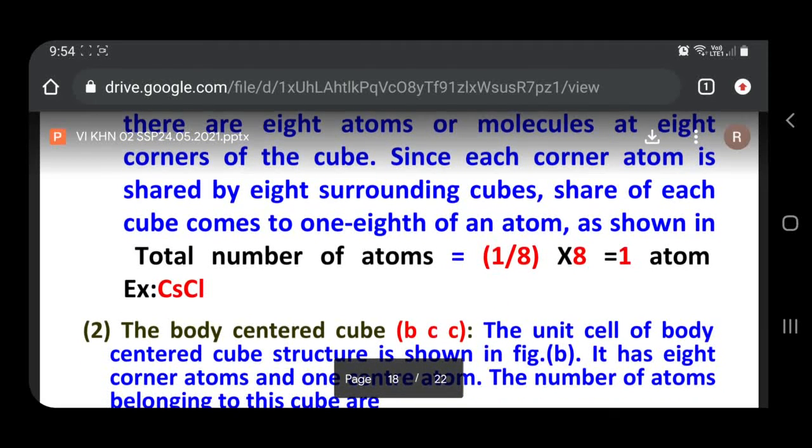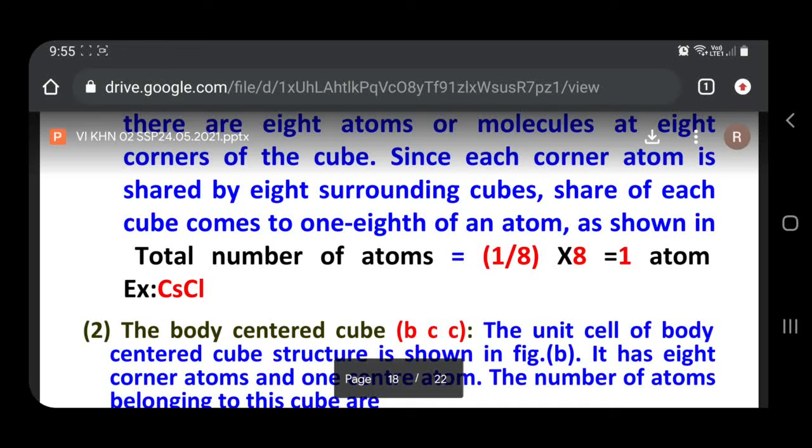Since each corner atom is shared by 8 surrounding cubes, that's what the previous diagram showed, the share of each cube comes to 1/8 of an atom contributed to the unit cell under consideration. So total number of atoms is equal to 8 corners, at each corner contributing only 1/8 portion. Therefore, 1/8 of an atom multiplied by 8 such corners gives you 1 atom per unit cell.